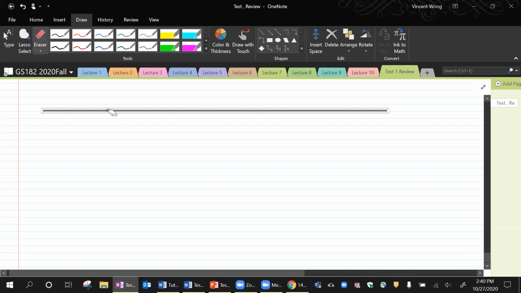So maybe we do another chart. We can do types, and then we have the organelle, and then we will just do main function here.